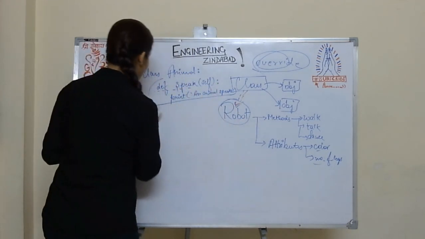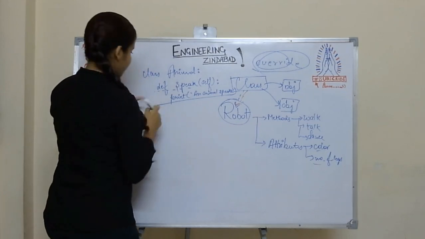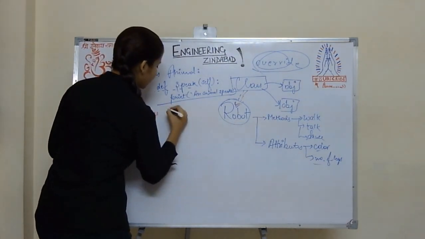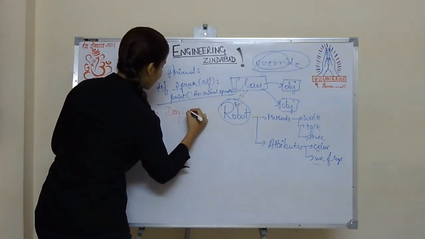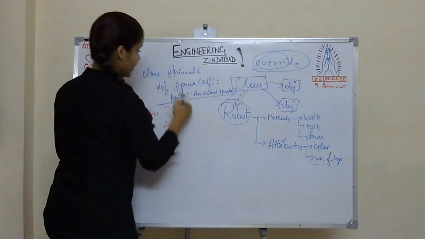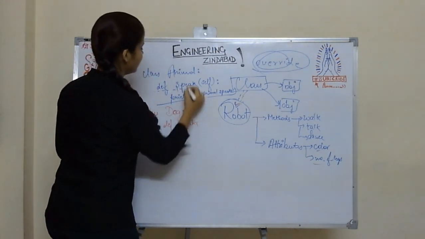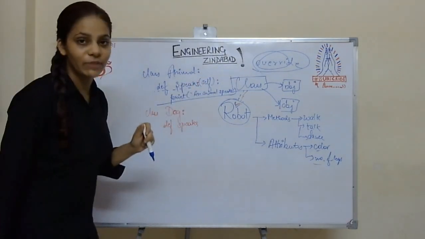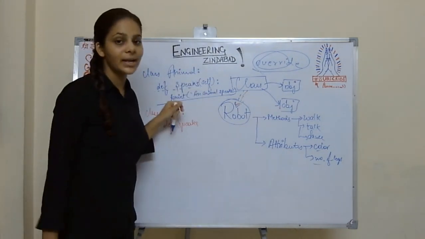So let me create another class, with the other pen. Let's suppose class dog, and inside this class there is a function, again the speak function. So this dog class also consists of this function speak that the parent class already has.